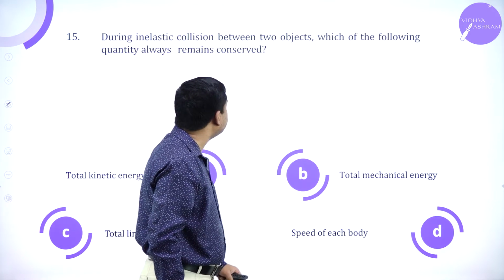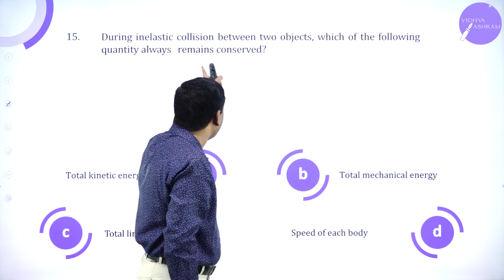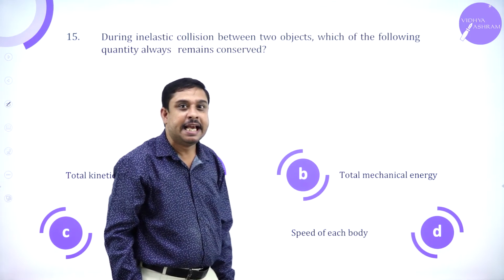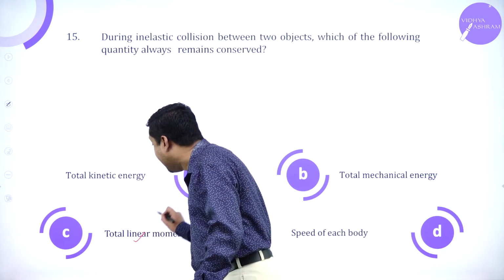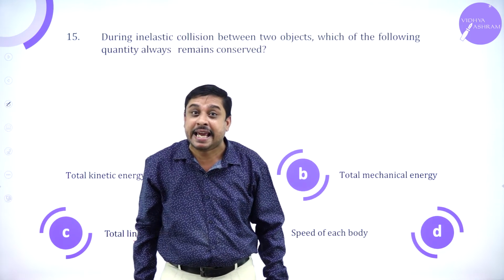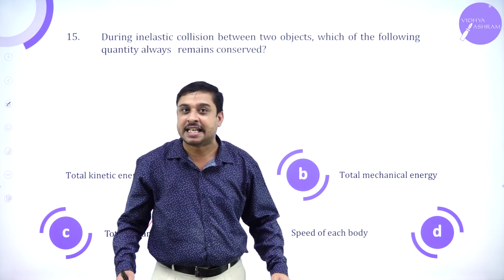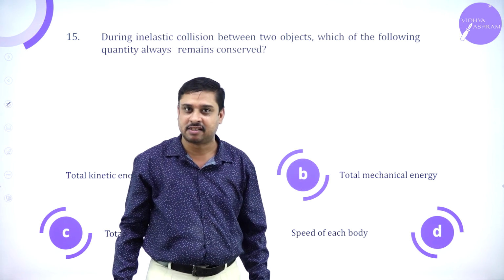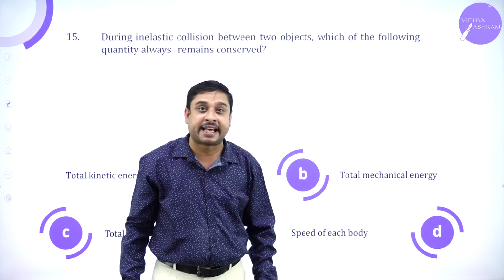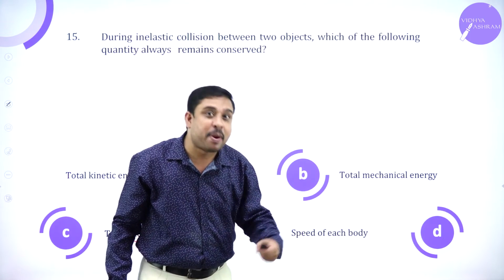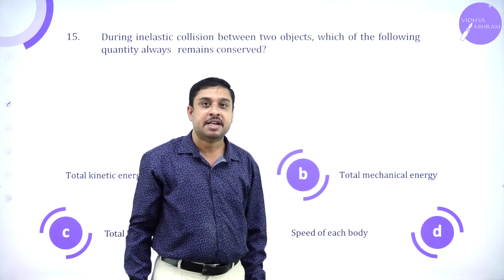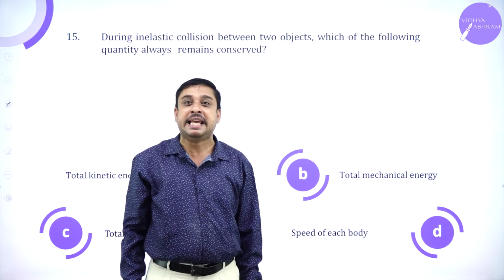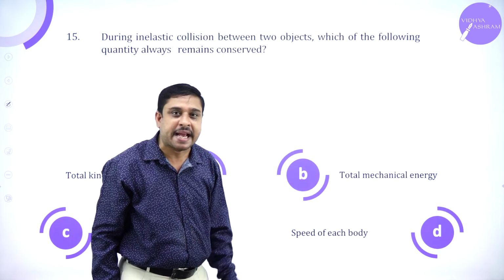During inelastic collision, which of the following quantity always remains constant? It is total linear momentum. Whenever there is inelastic collision, kinetic energy changes, total mechanical energy changes depending on configuration, speed of each body changes, but total linear momentum remains same.